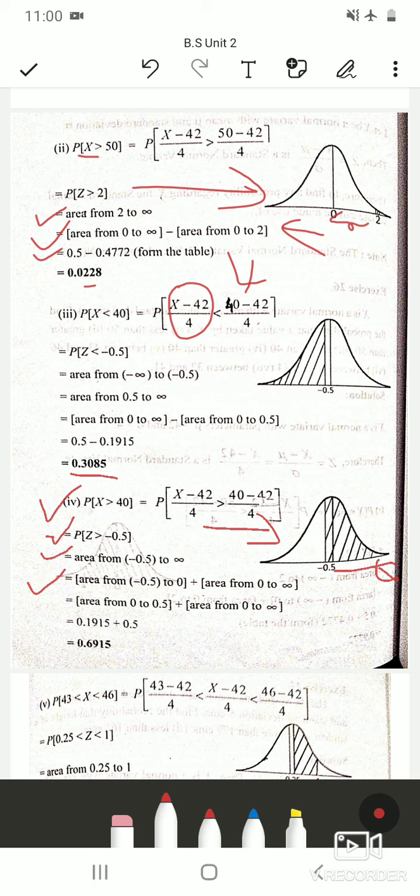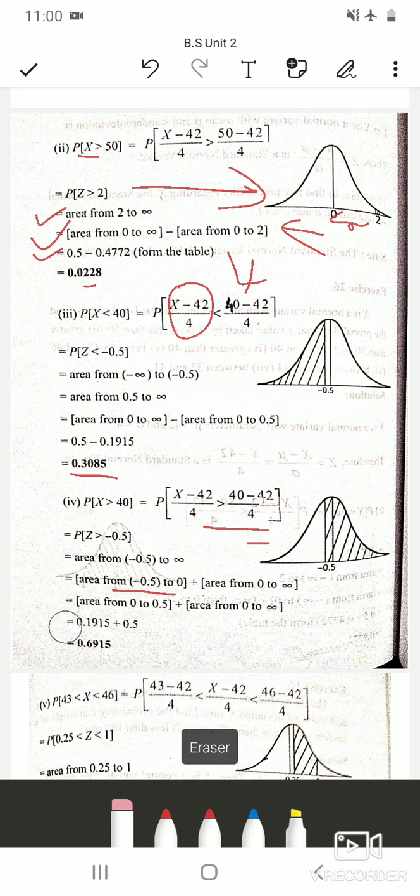We know the area from 0 to infinity is 0.5. Then we have to find the area from 0 to minus 0.5, which is nothing but the area from 0 to 0.5. So this is written as the area from minus 0.5 to 0, that is this area, plus the area from 0 to infinity. The area from minus 0.5 to 0 is nothing but the area from 0 to 0.5 because of the symmetric distribution.